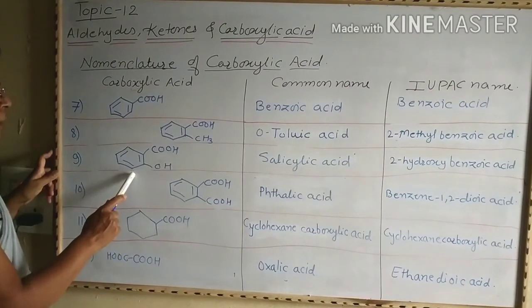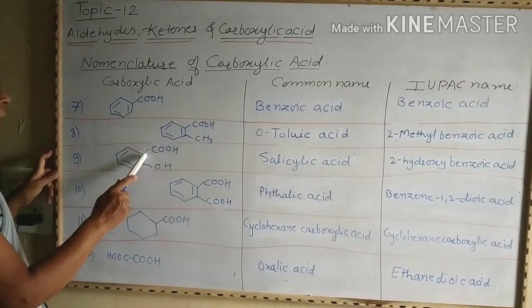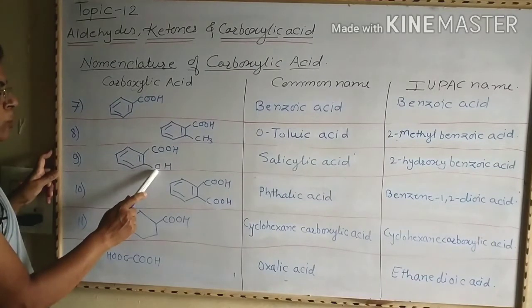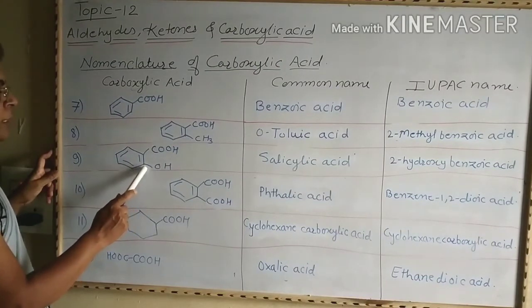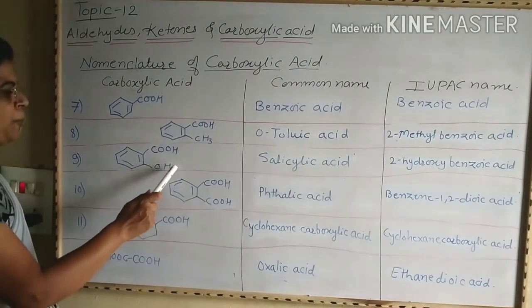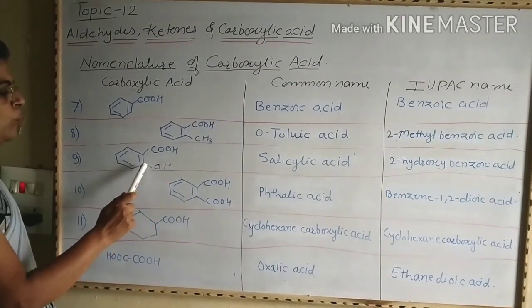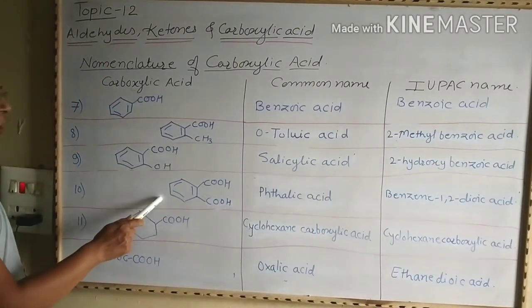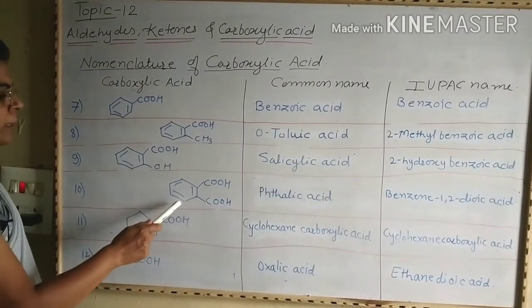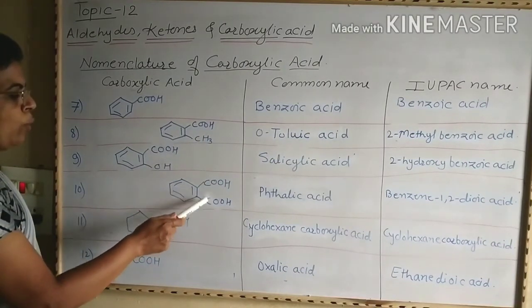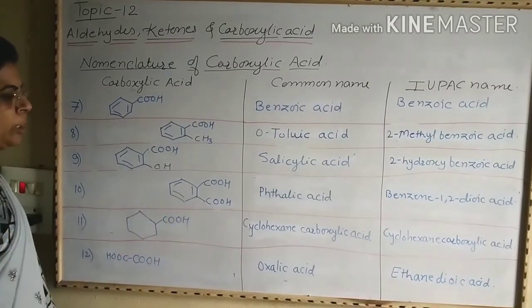Then this one. Here at 1 position there is COOH group and at 2 position there is OH group. Now this is salicylic acid. IUPAC name of this compound is 2-hydroxybenzoic acid. Now this one. Now here benzene ring is attached to 2 COOH groups at 1,2 position.